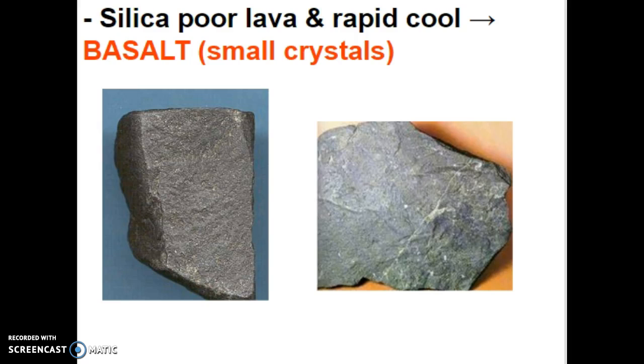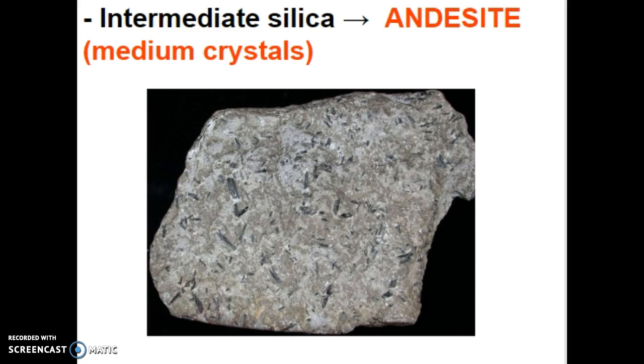And it's fine-grained because it has small crystals. Sometimes there are intermediate levels of silica in a lava, and we call those types of extrusive igneous rocks andesite. So intermediate levels of silica with a medium rate of cooling will give you medium-sized crystals.